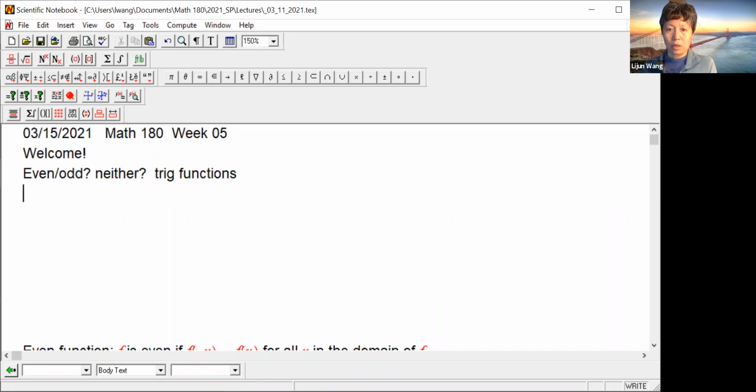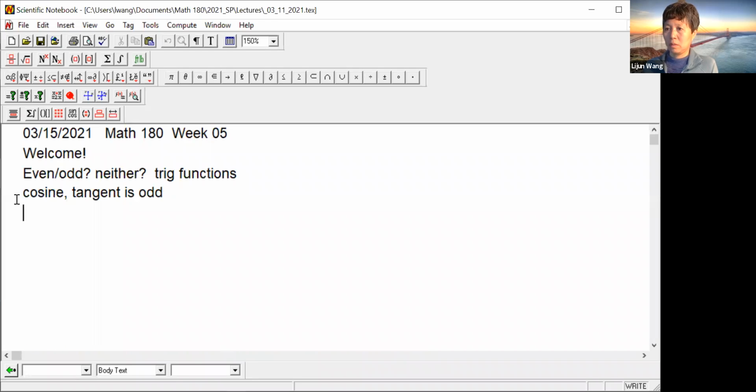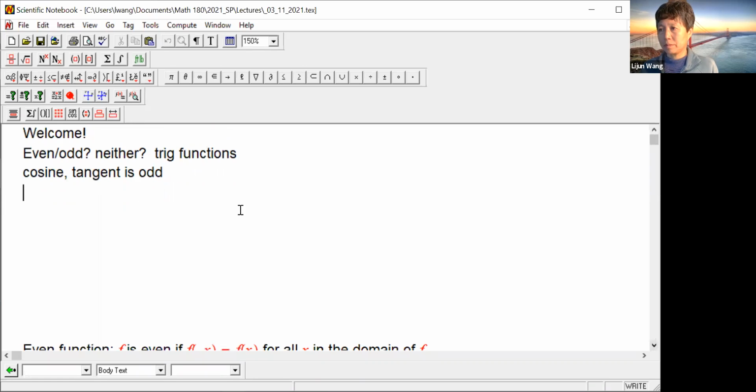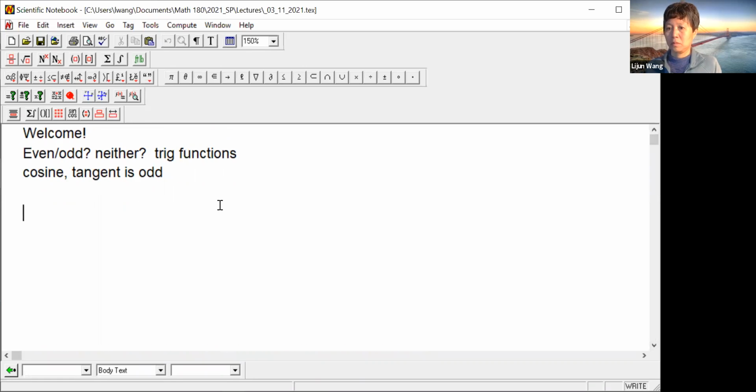I'm just going to copy this. We're going to judge the statements. Cosine is odd, tangent is odd.